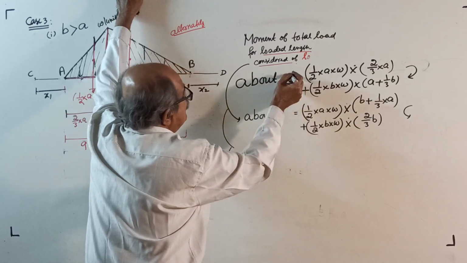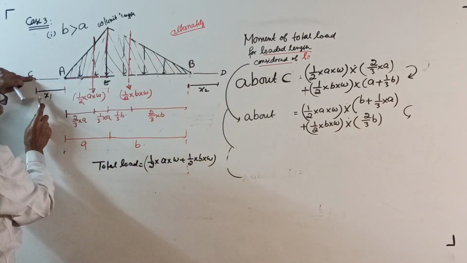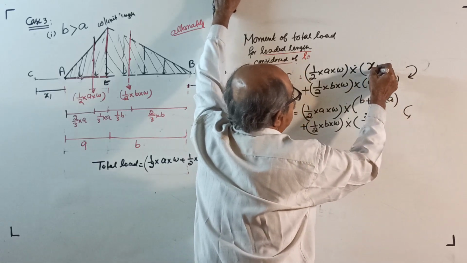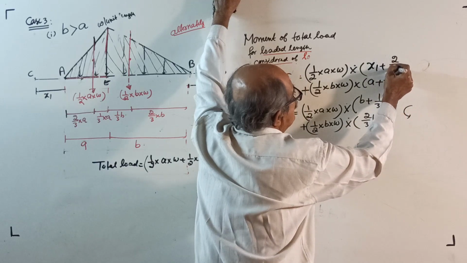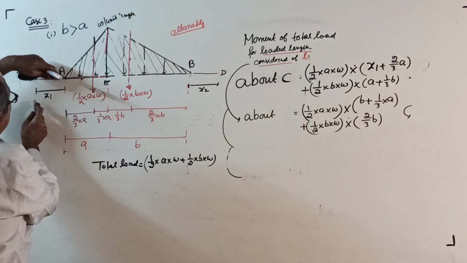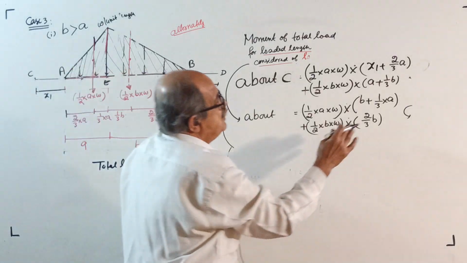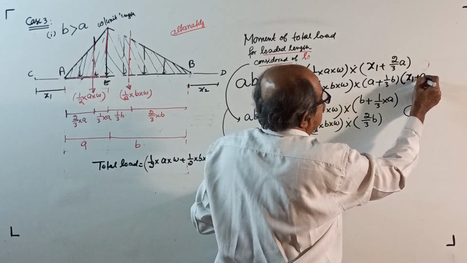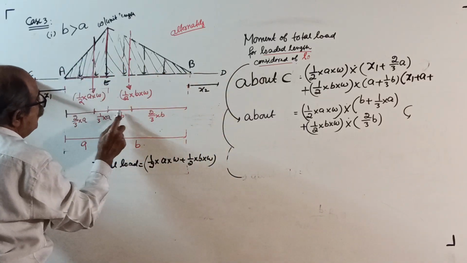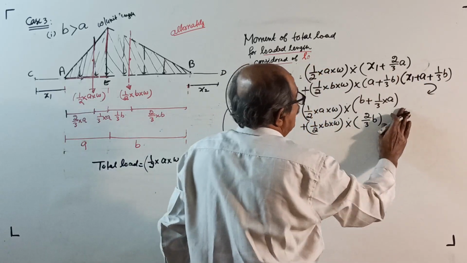See, moment about C. Half into A into W into x1 plus 2/3 of A, plus half into B into W into x1 plus A, then about this point, x1 plus A plus 1/3 of B. Both are clockwise.